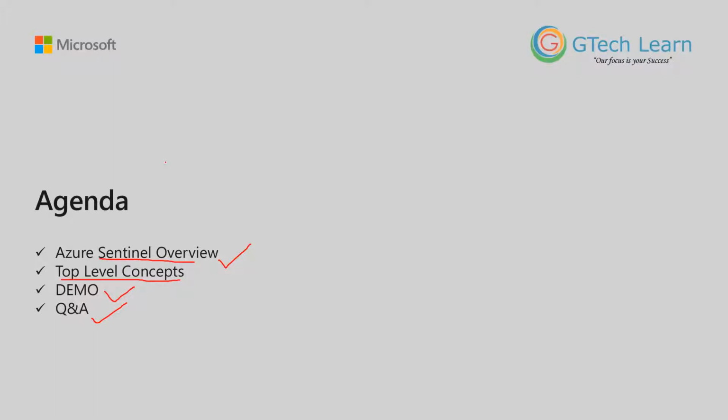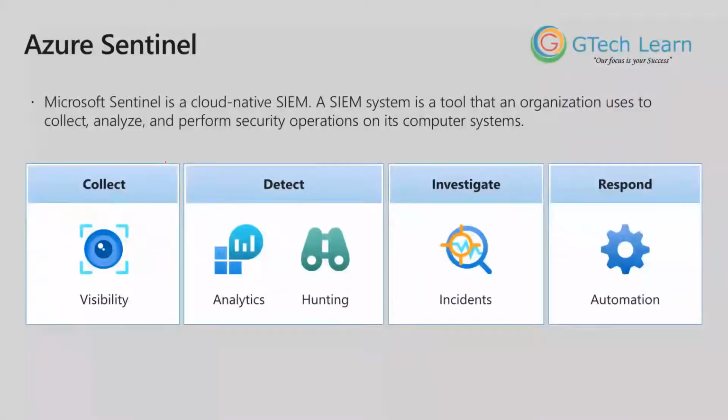So let's get started with our first topic related to Azure Sentinel. Before discussing Azure Sentinel, let's discuss a specific term called SIEM tool. What is a SIEM tool? A SIEM tool is a tool that an organization uses to collect, analyze, and perform security operations on its computer systems and on the different services which we are using.